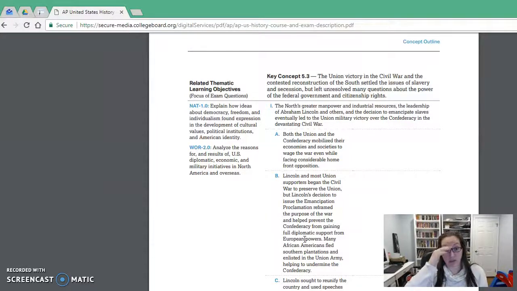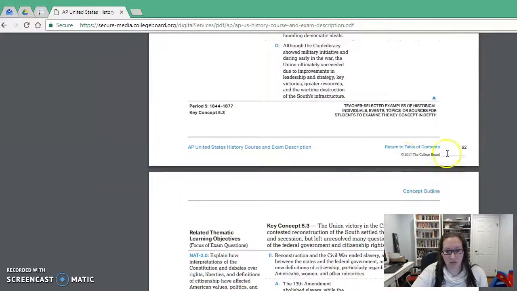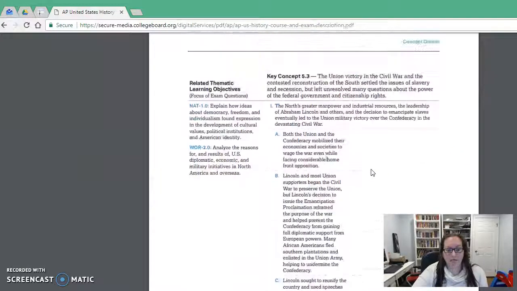We're going to start with Key Concept 5.3 on page 62 of the Key Concepts. Key Concept 5.3: the Union victory in the Civil War and the contested Reconstruction of the South settled the issue of slavery and secession, but left unresolved many questions about the power of the federal government and citizenship rights.